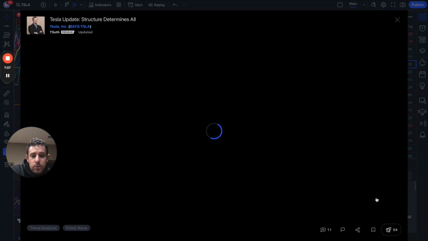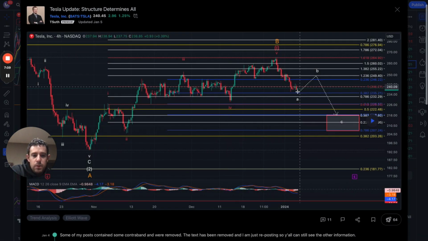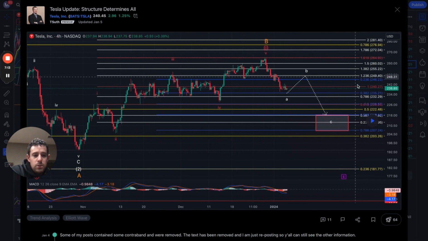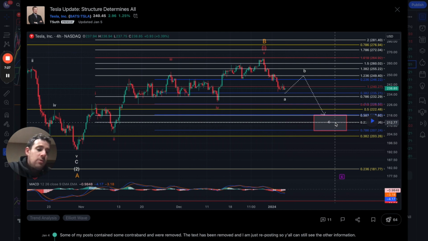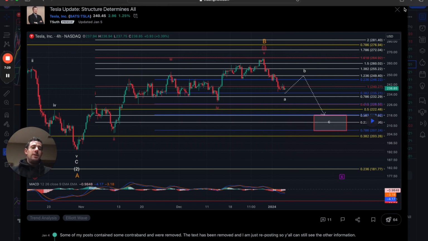We can just click on one. So, an ABC pattern. I forgot what indicator this is, but you can see other people's technicals. This guy's saying there's going to be a bounce and then possibly a drop down to 212, which would be sweet because I would be ready to buy more Tesla.